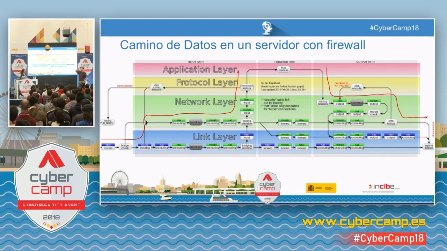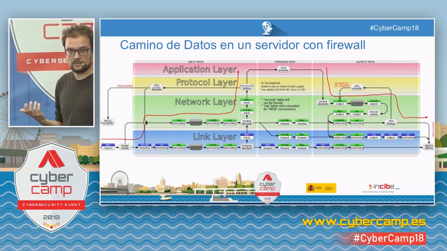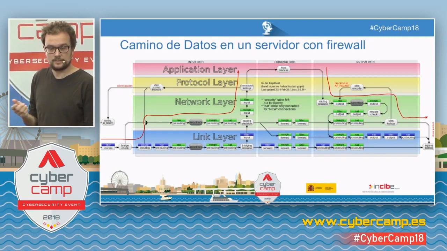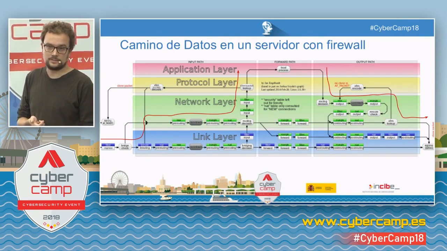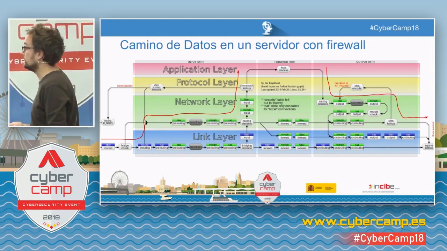So all these chains can be filtered at different stages, depending on the path that the package follows on the Linux stack. So the more instructions are working, that will have a negative impact on latency, on our band, which is what matters for package filtering.